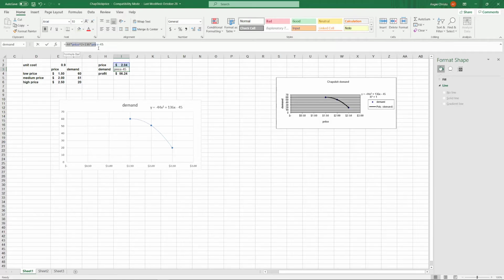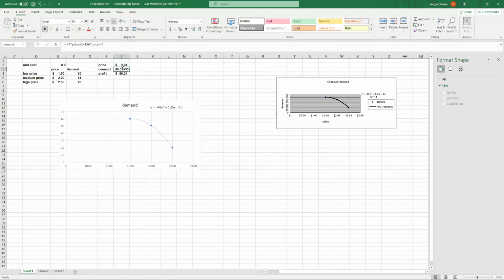All we need to do is type what is written in the equation. So negative 44 times x squared, x is our price, so negative 44 times price raised to the power 2 plus 136 times price minus 45. It doesn't matter the order you type them out. In this case, we follow this order so we make sure everything is correct.